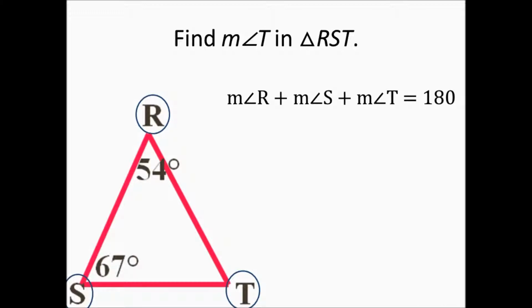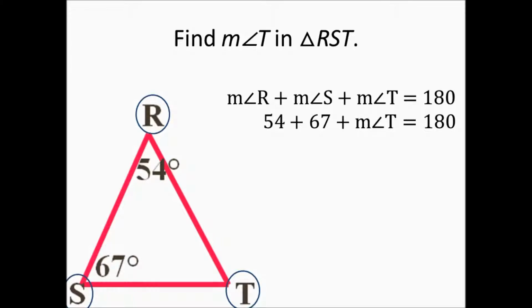Since we're given values for the measure of angle R and the measure of angle S, we can substitute those values to find the measure of angle T. And again, all three angles add up to be 180 due to the triangle sum theorem. The rest becomes algebra.